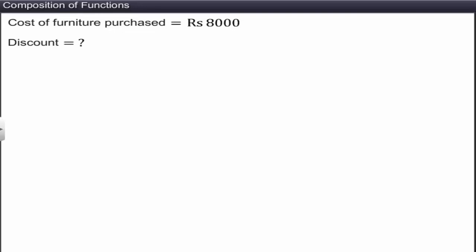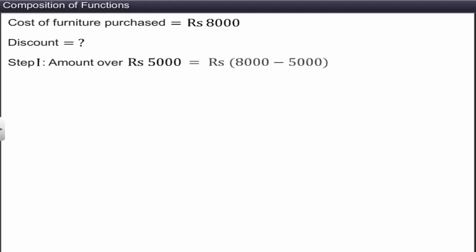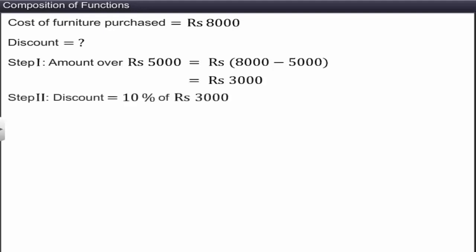A simple and straightforward approach is to first calculate the amount on which the discount is applicable. This you get on subtracting 5,000 rupees from 8,000 rupees, which gives 3,000 rupees. Next, a 10% discount is given on this amount. The discount is 300 rupees.